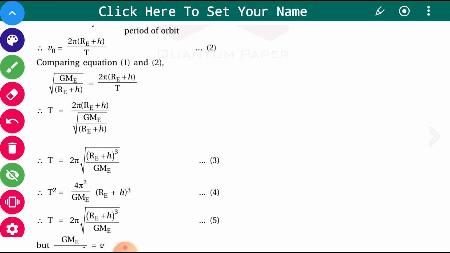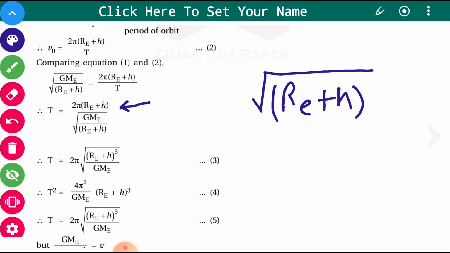Now this Re plus h in the numerator can be written as the square root of (Re plus h) the whole squared. If it is written like this, then the Re plus h in the denominator goes into the numerator and is multiplied with this.